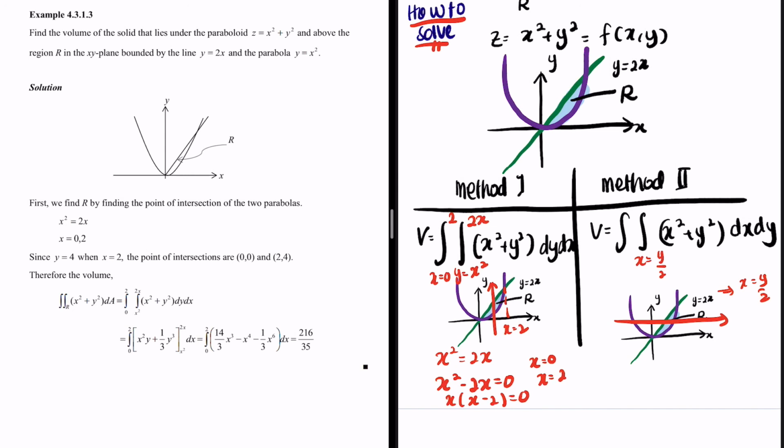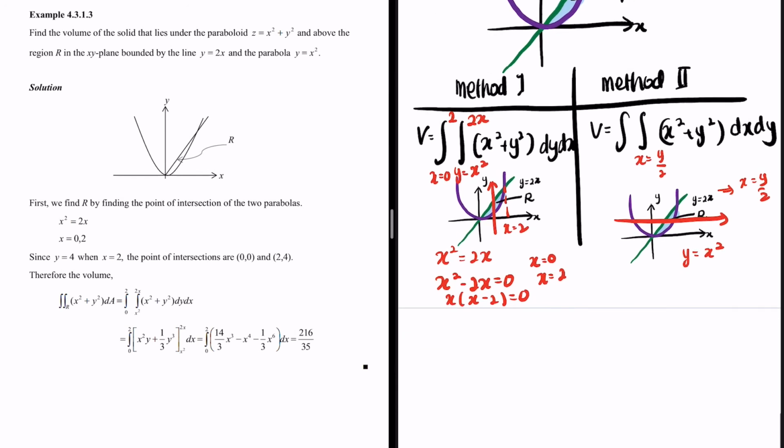It will touch the green line first, and then it will touch the purple curve, which is the parabola, and the parabola is represented by y is equal to x squared, and again x should be the subject of the equation. You will get x is equal to plus minus square root of y.